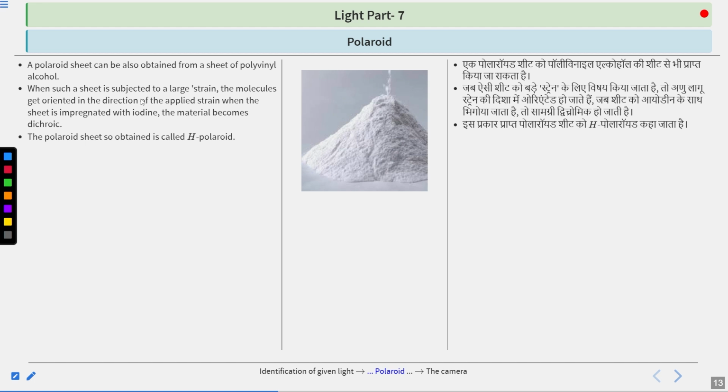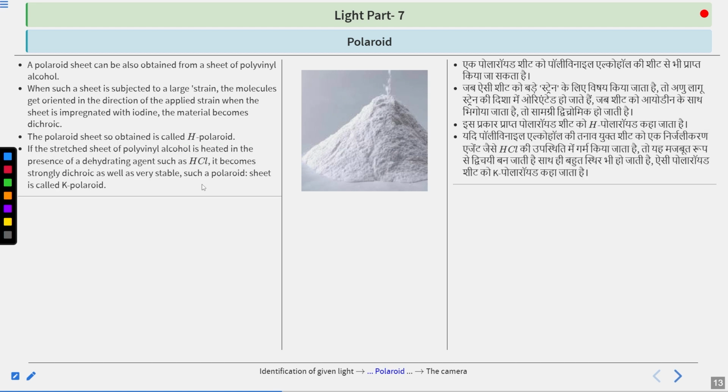The Polaroid sheet so obtained is called H Polaroid. If the stretched sheet of polyvinyl alcohol is heated in the presence of dehydrating agents such as HCl, hydrochloric acid, it becomes strongly dichroic as well as very stable. Such a Polaroid sheet is called the K Polaroid.